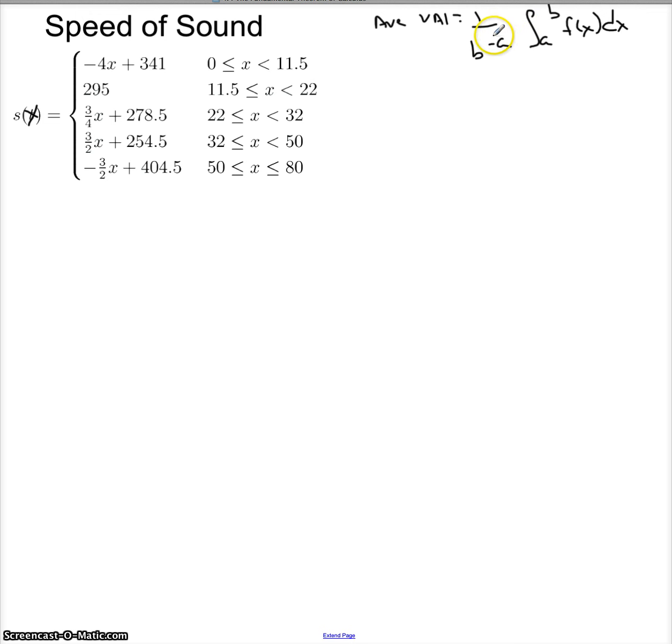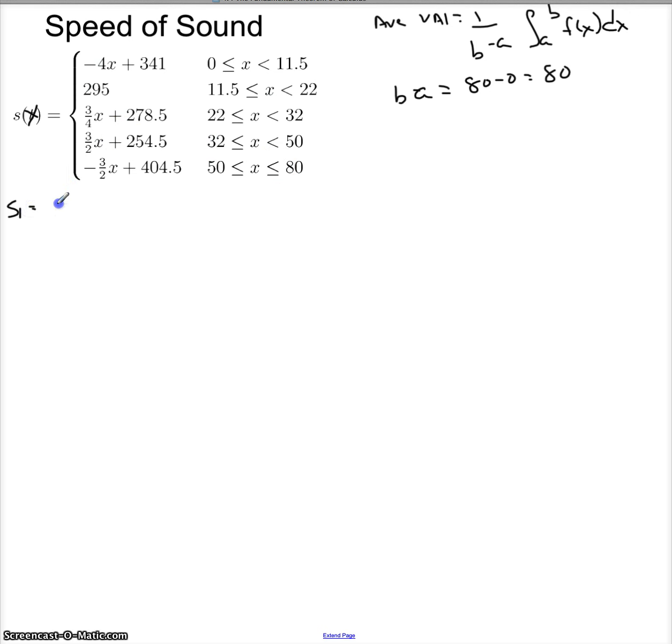So let me find b minus a. I'm just going to do this up front. This starts at 0 and goes to 80, so it's 80 minus 0. So it's 80. So this is going to be the multiplier, and I need to integrate all of those and add them together. All right, so let's do the first one.